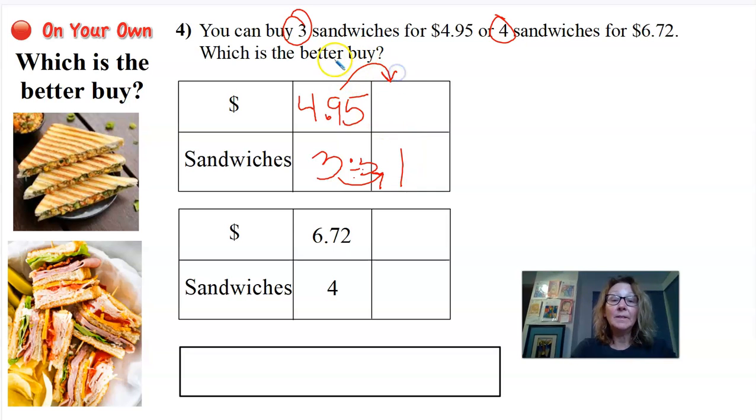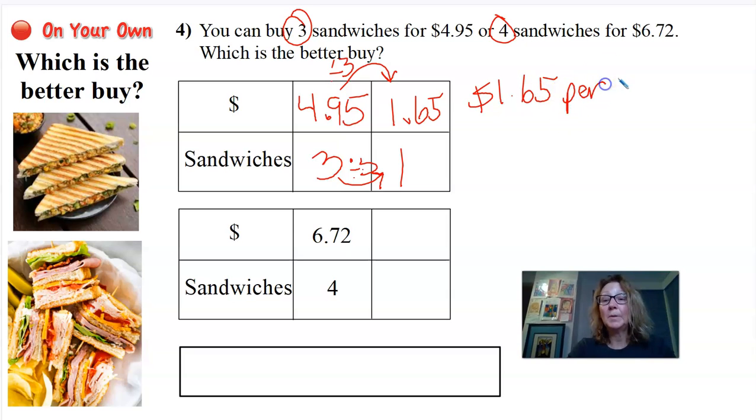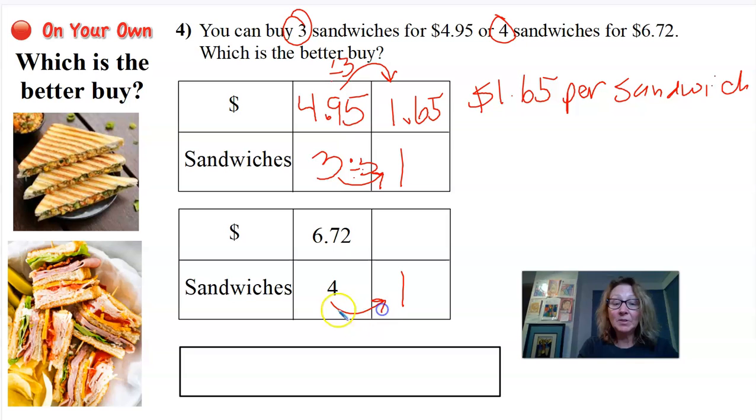And if I divide the bottom number by 3, I have to divide the top number by 3, and I get $1.65. So for these 3 sandwiches, it costs $1.65 per sandwich. And then when I divide the other example, I'm trying to figure out the price per 1 sandwich. I divide by 4, and I divide by 4.